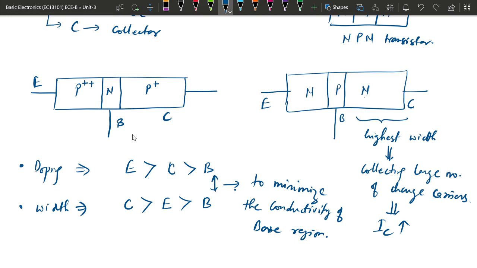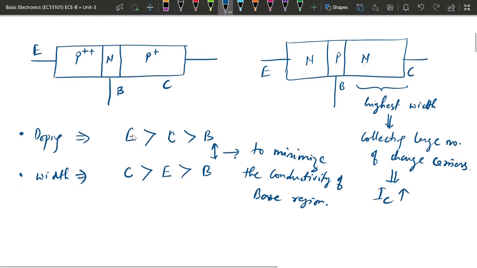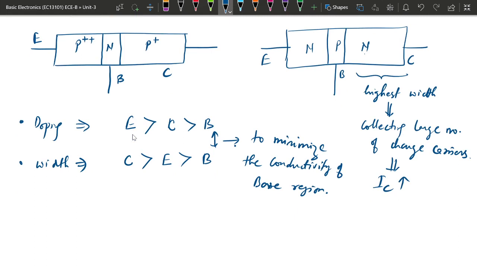In that case, the current passing through the collector region will be minimum, so our motive to have the higher current will be limited. So that's why this base region is lightly doped, and its width is also made minimum among the emitter and collector.